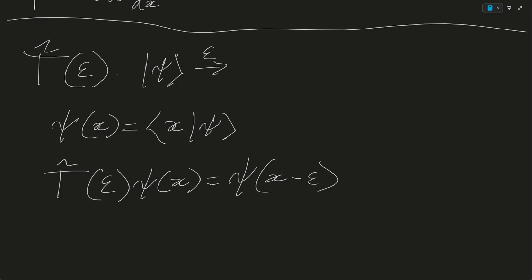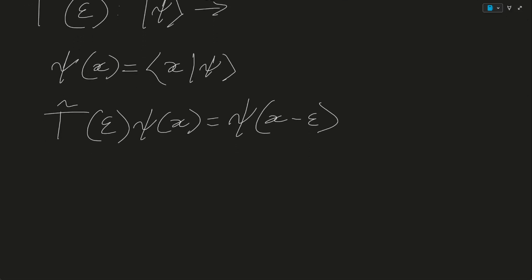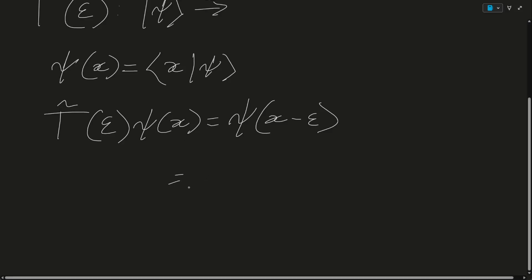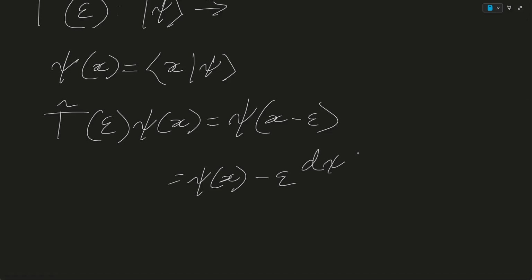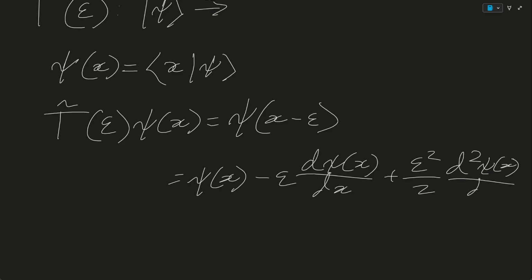Now, in this case, epsilon is really infinitesimally small, so we can expand the right-hand side as a Taylor series. This is going to end up being psi of x minus epsilon d psi of x dx plus epsilon squared over 2 times the second derivative of psi of x, d squared dx squared, plus dot dot dot.